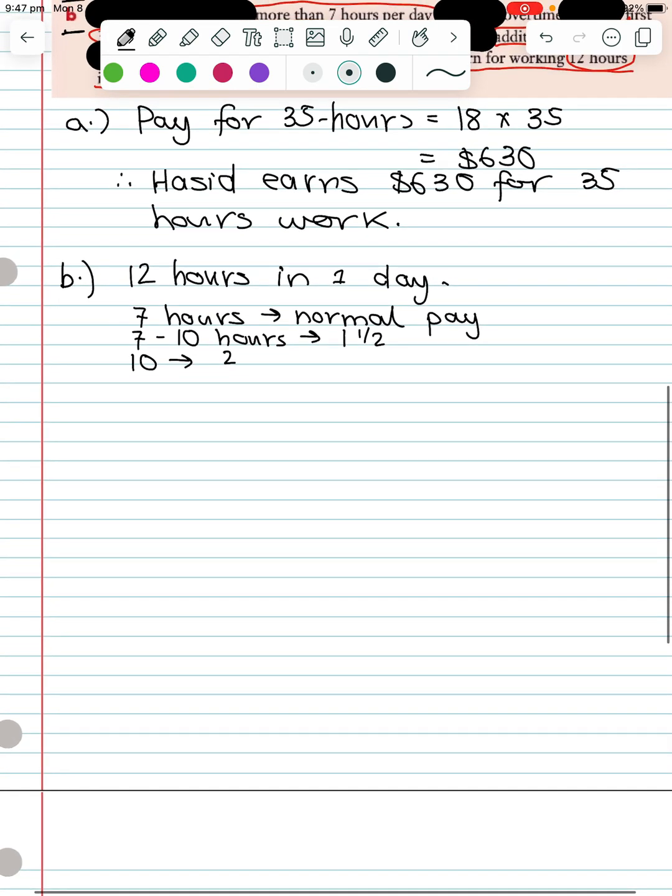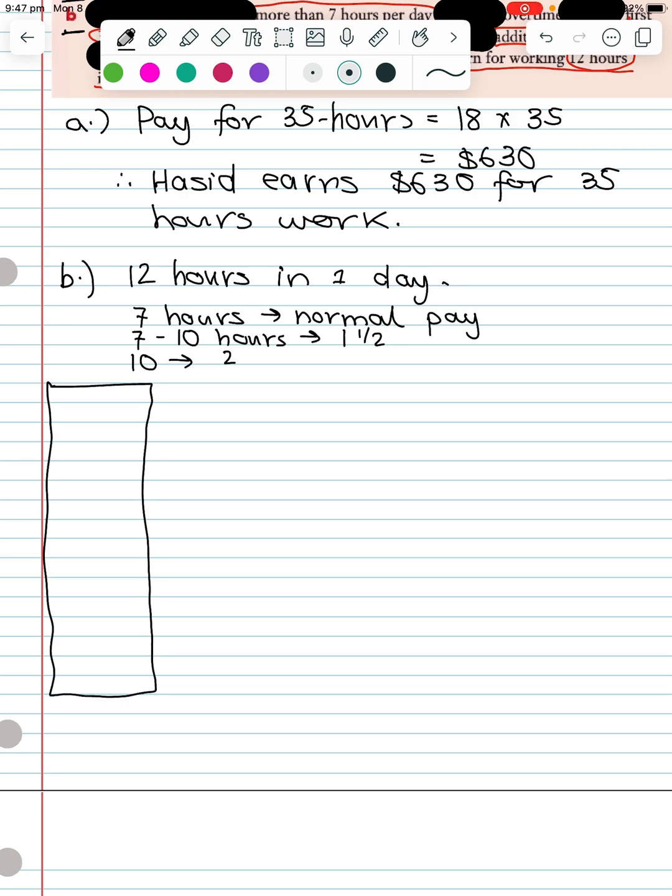So when he's working 12 hours, and I don't know if I'm just going to confuse you more with this, but we have done this in class. You can kind of think of it as like a cylinder in a way that he's filling up. So let's change that a little bit.